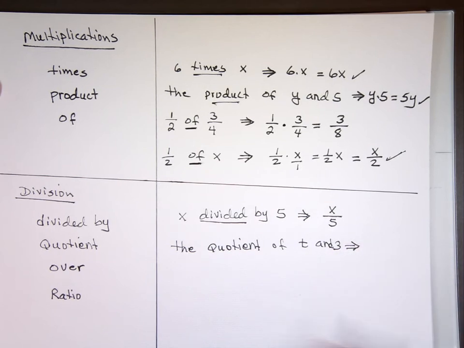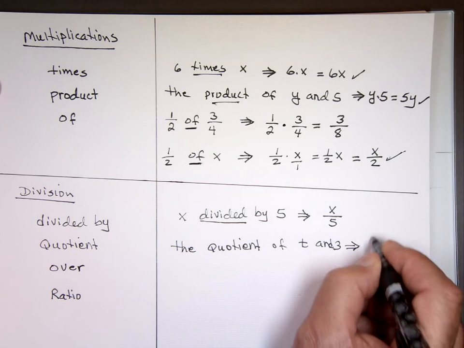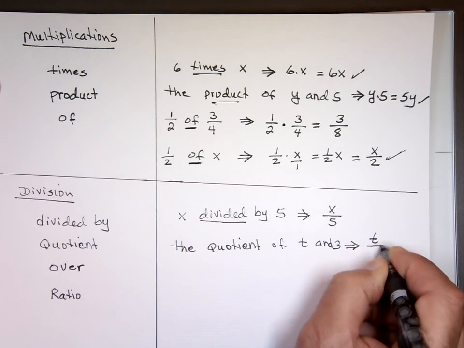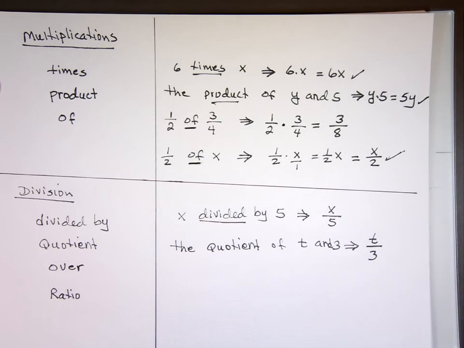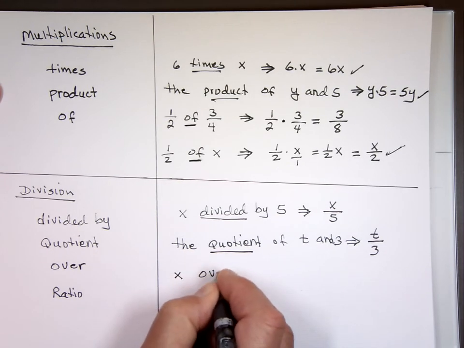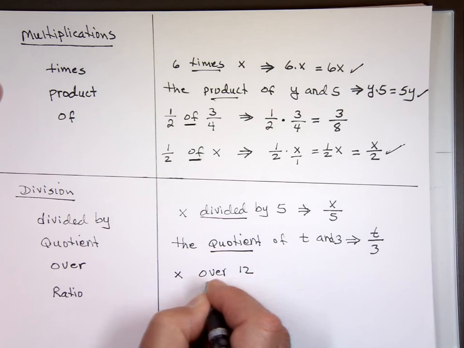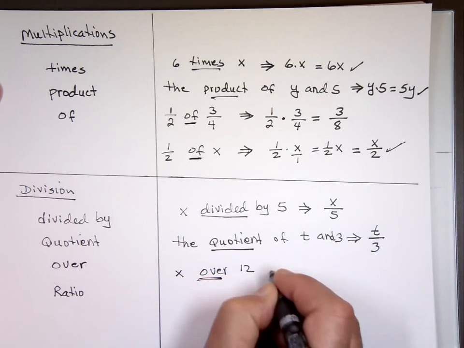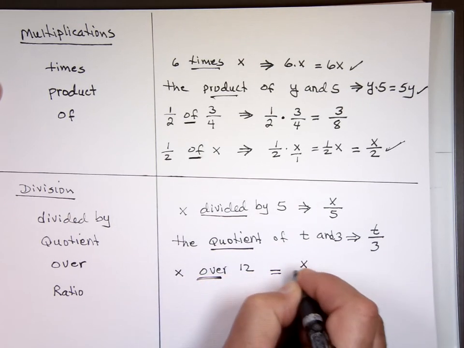Since t was written first, that will be t over 3. The quotient means division. x over 12. Over means divide. That will be what? x over 12.